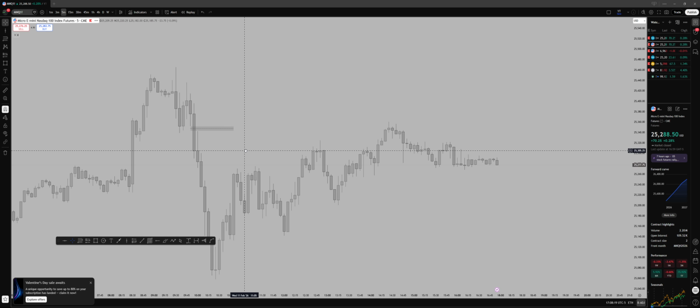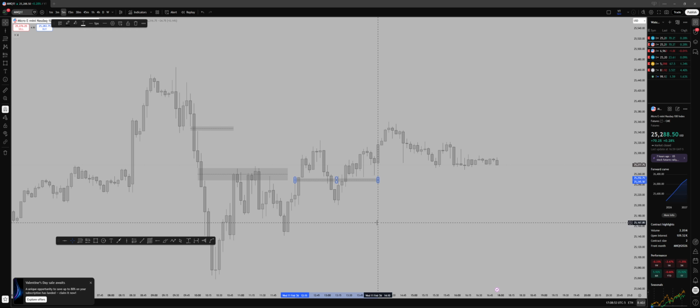And what an inverse fair value gap is, is basically this right here. We have our gap right here, from this wick to this wick. But instead of price rejecting off of it, which is what we want our fair value gap to do, an inverse is when a candle closes below it and invalidates it, instead of respecting it. So that's an inverse fair value gap. It goes through it. The candle has to close below the gap.